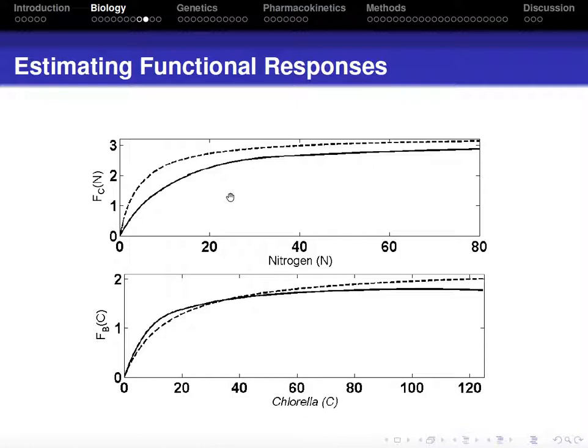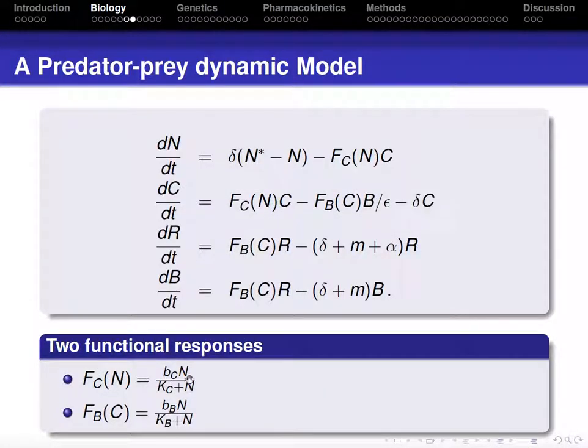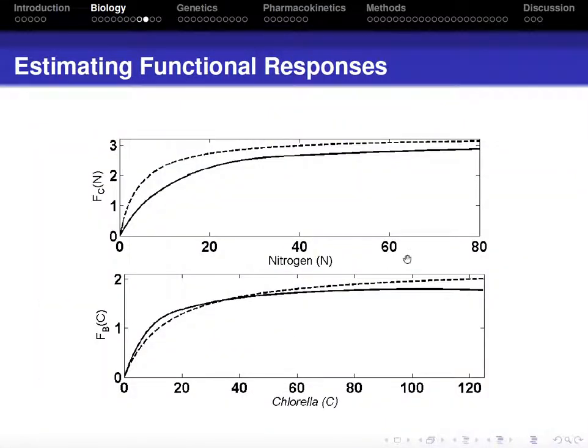The dashed lines are the original functional responses, these two functions, and the solid lines are our estimated non-parametric functions. You can see it's actually very close, right? So this is a good way to validate that this functional response is good.